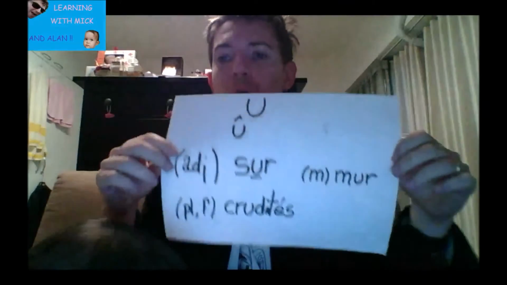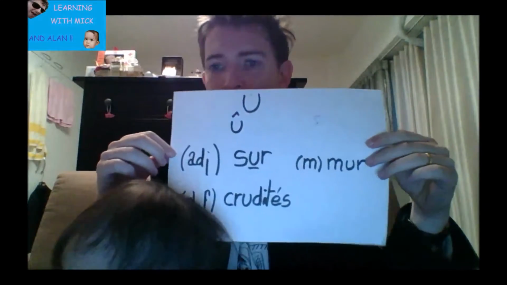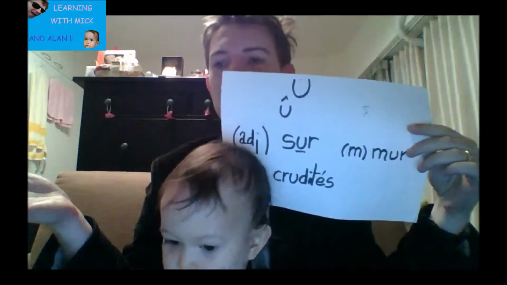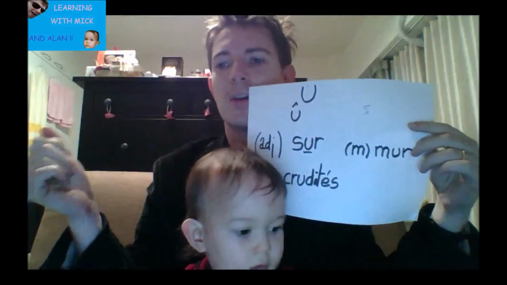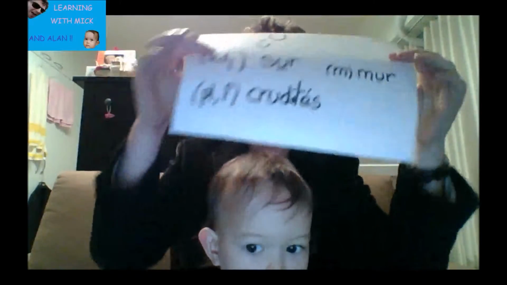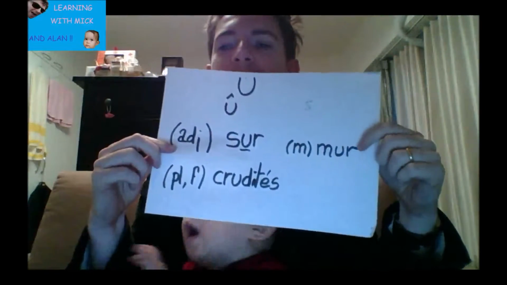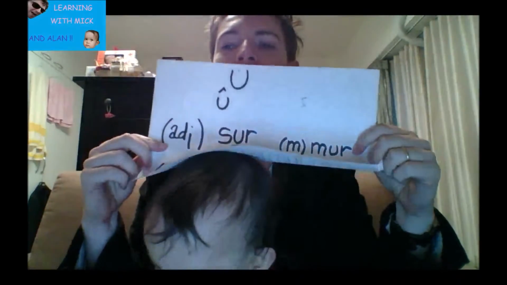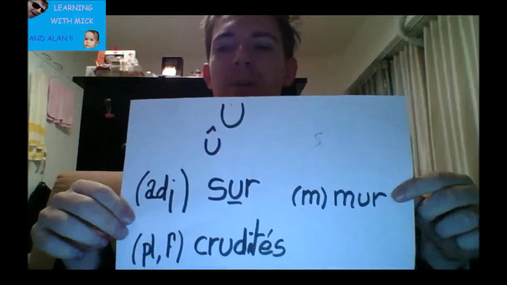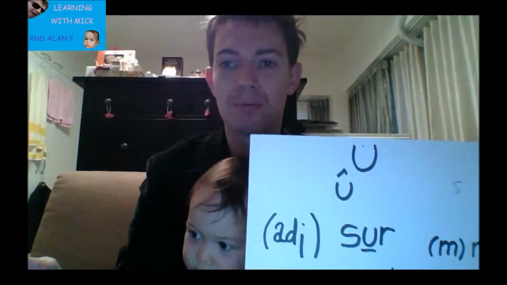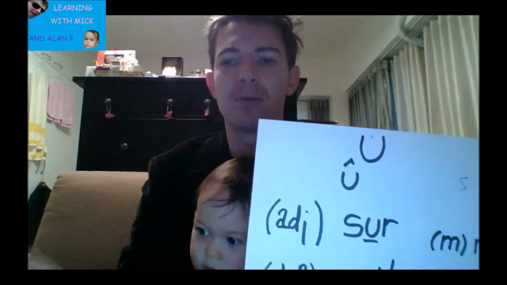Sur means on, for example, the computer is on the table. There's another word that sounds just like sur, but it begins with M instead. It's mur. Un mur is a wall, the walls of a house. Mur.